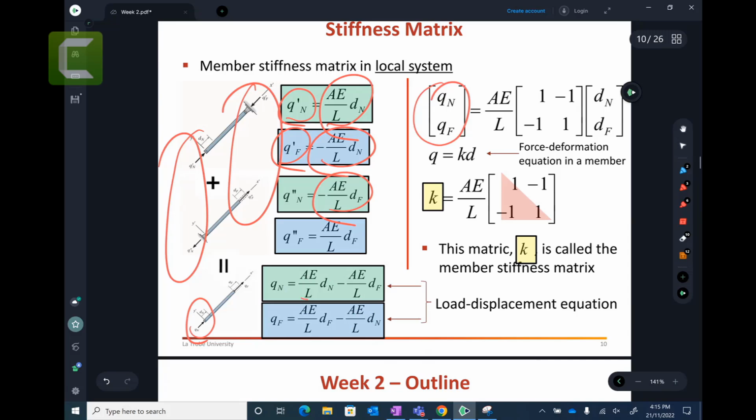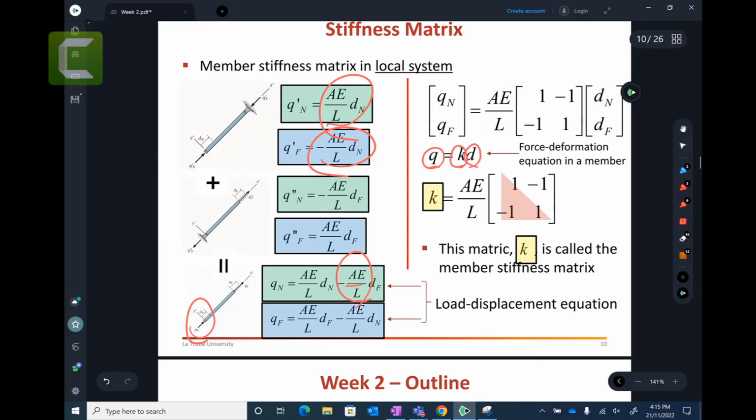Force, AE over L common, 1 minus 1, minus 1 1, times dn. So this one is called the stiffness matrix. This is the force displacement relation, Q equal to stiffness times D. So you have a stiffness matrix. Again, you don't need to remember that. Just keep that relationship, Q equal to KD.